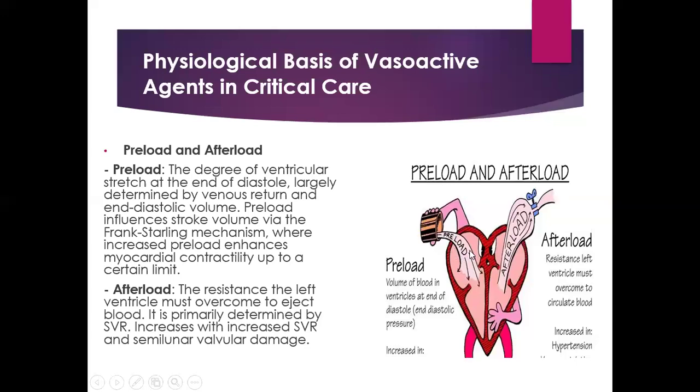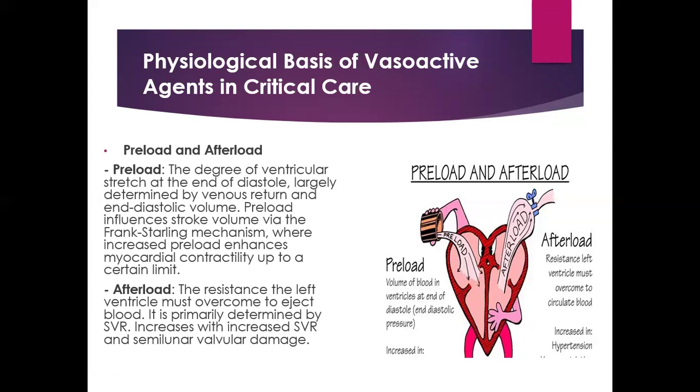It refers to the tension of the ventricles at the end of diastole, and this is influenced by the volume of blood in the ventricles at the end of diastole. So it plays a significant role in our blood pressure, especially mean arterial pressure.